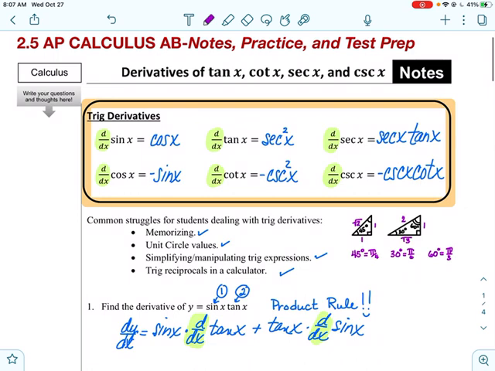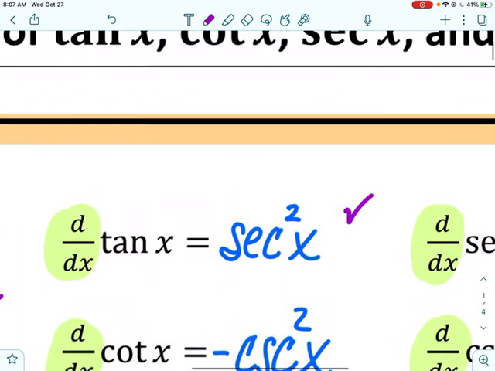So, some trig derivatives that we'll have to know. You have the sine and the cosine here. The derivative of sine is cosine. The derivative of cosine is negative sine. The derivative of tangent is secant squared. When we write secant squared, remember that's the same thing as secant x, squared.